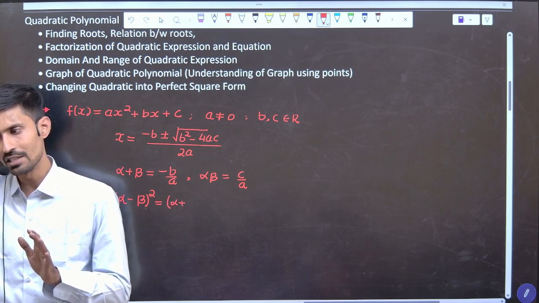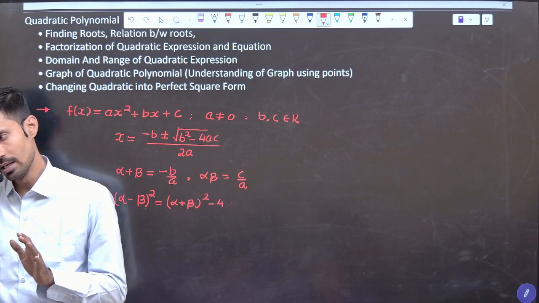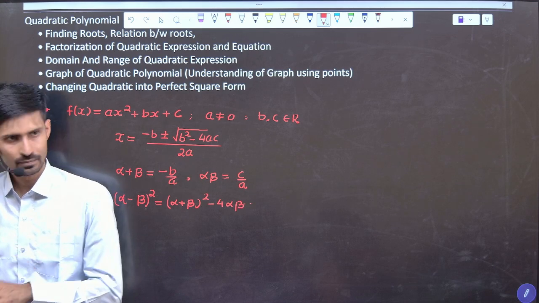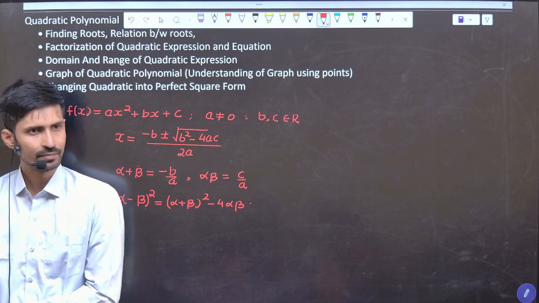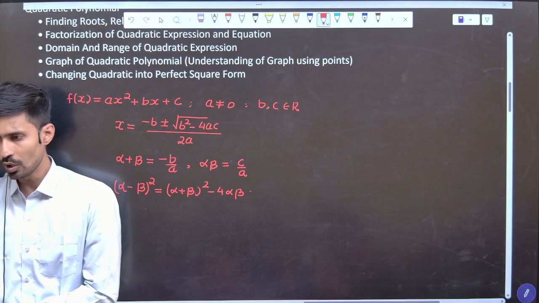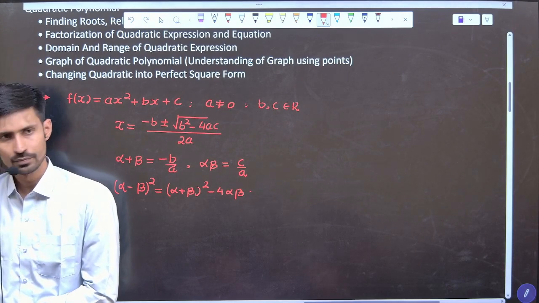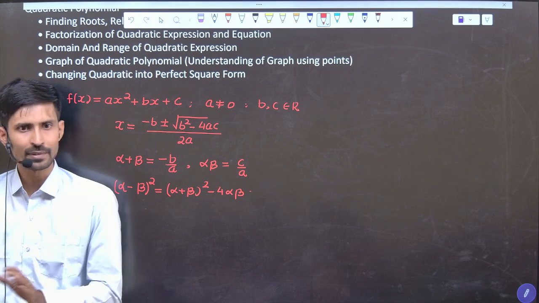Alpha plus beta whole square minus 4 alpha beta. Okay, no problem. Now, don't write. You will write all these things at home from the video. Or if some time is left, I will give you.